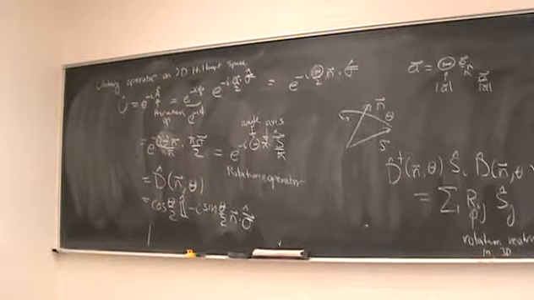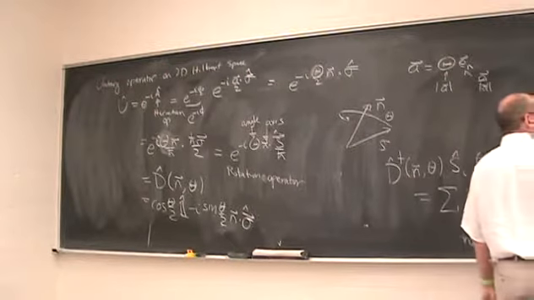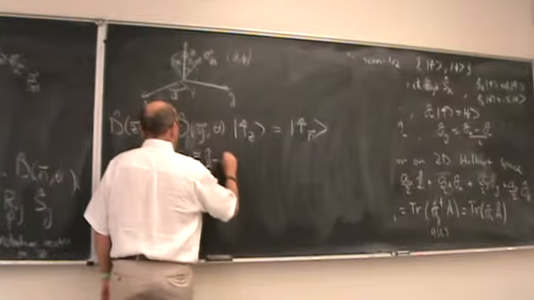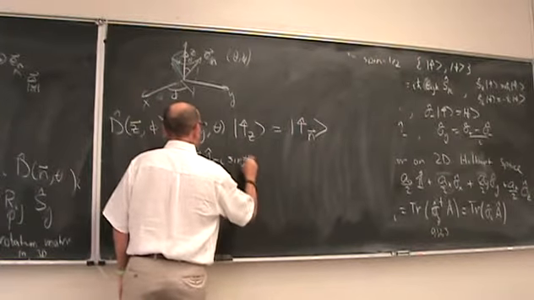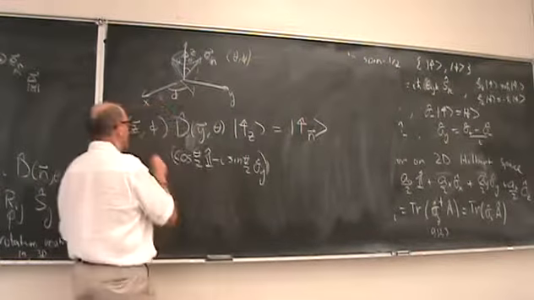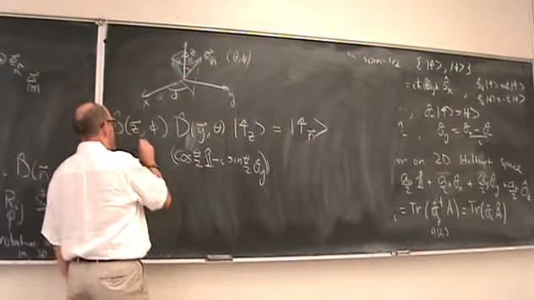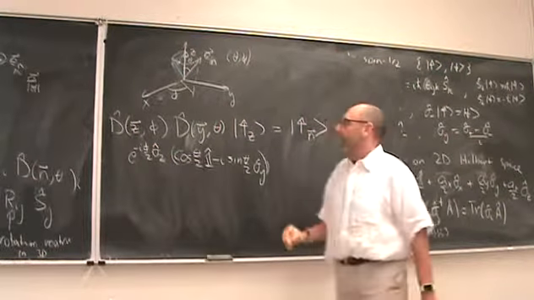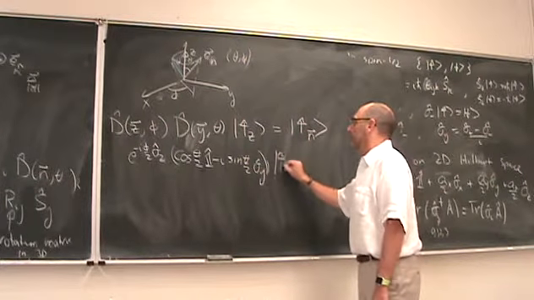Okay, and so now we can write that out here. This is cosine theta over 2 times the identity minus i sine theta over 2 sigma y. That's this guy. And I'll leave this as either minus i phi over 2 sigma z, acting on spin up along z.